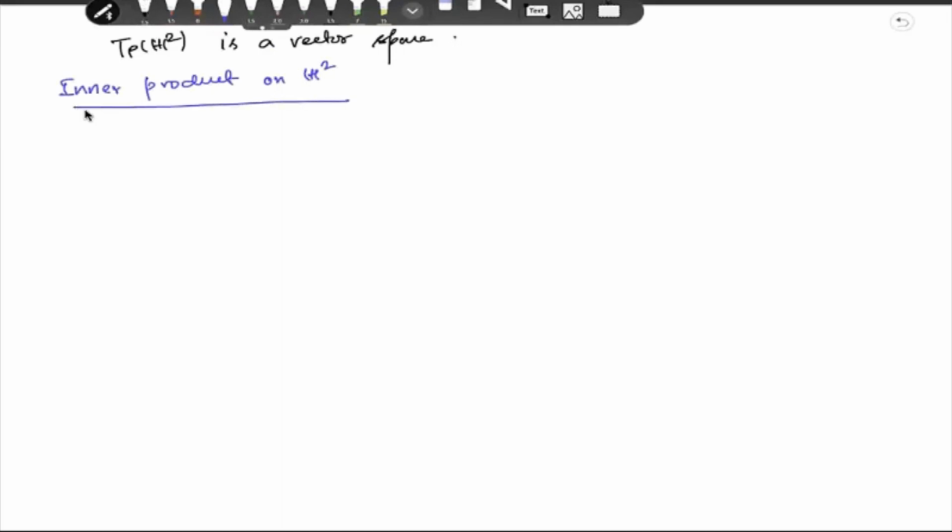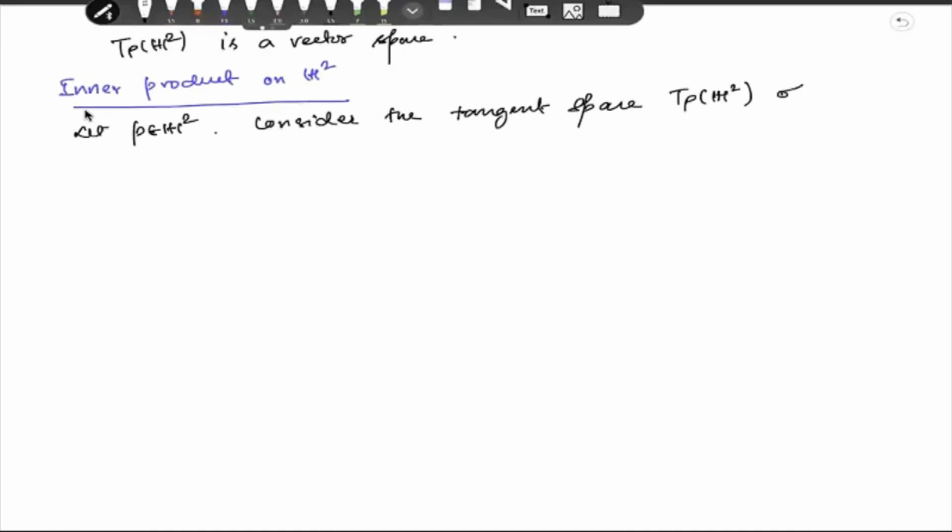So let us take a point P belonging to H2 and consider the tangent space of H2 at the point P.